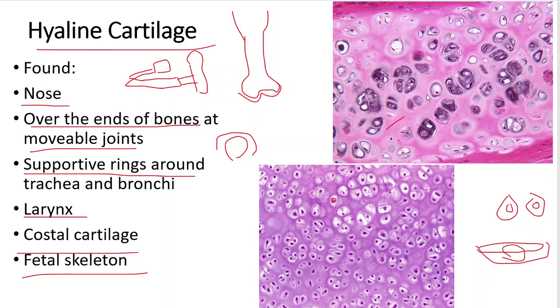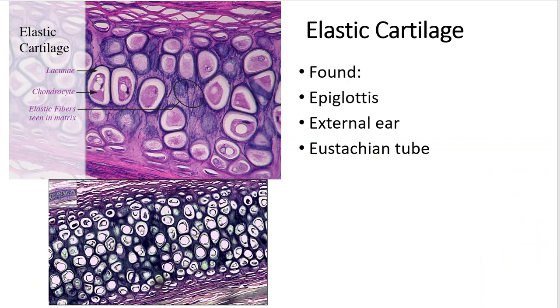Anyway, cartilage, hyaline cartilage. There are more than one kind of cartilage. There would be, wouldn't there? Elastic cartilage, that's not elastic tissue. How can I tell? Well, I've got these chondrocytes and these lacunae, right? How do I tell the difference between this and the hyaline cartilage? Look at all those fibers in there.